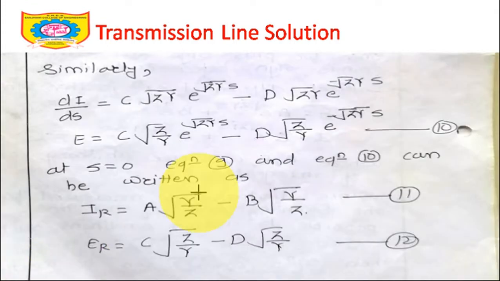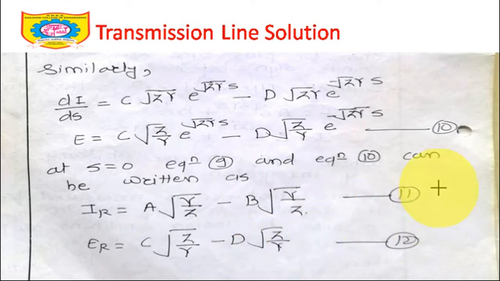So now I have got this expression, once again applying the condition for s is equal to 0, E is equal to ER, for s is equal to 0, I is equal to IR, and I have got another expressions for equation number 9 and 10. If I put s equal to 0, I need to replace E with ER and I with IR. So A root y by z minus B root y by z, C root z by y minus D root z by y.